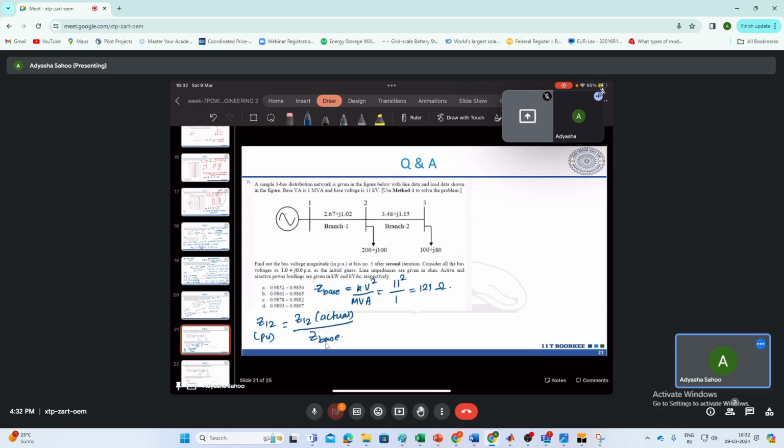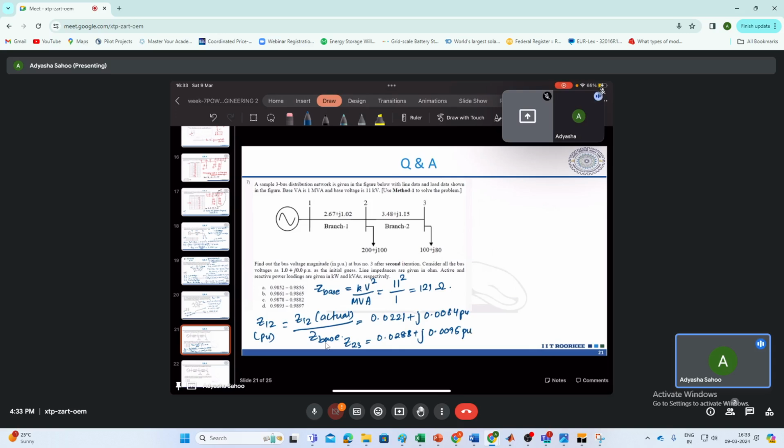You will get that as 0.0221 plus j 0.0084 per unit. Similarly, Z23 you will get 0.0288 plus j 0.0095 per unit.